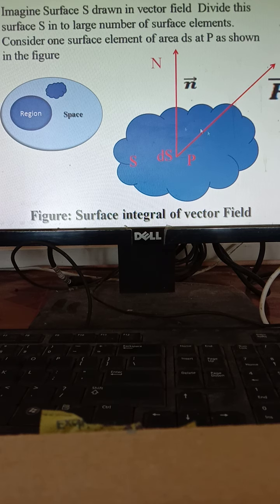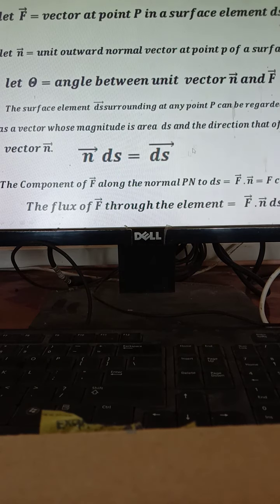Because we are going to measure this force along the normal vector. To measure the component of the force, we use the angle theta, and cos theta is the adjacent side divided by the hypotenuse. In the same way, we can take the component of the force along the normal Pn to the ds element.